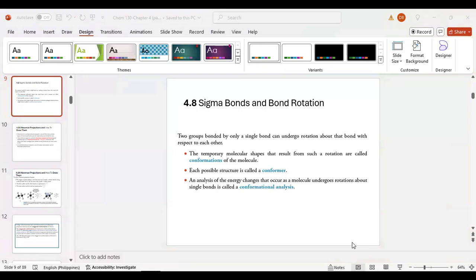But if you look into chapter 1 again, you can see it on the structure.